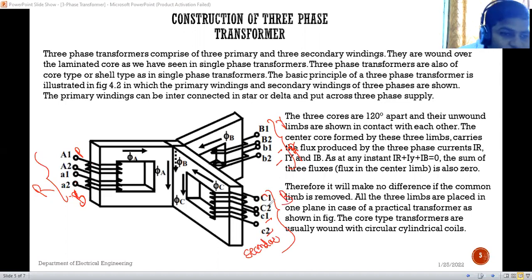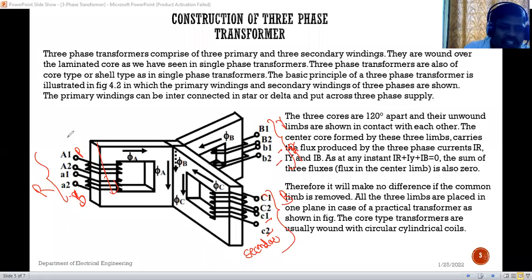Right now, see the winding, both the primary winding and the secondary winding can be wound on the same limb. एकाच लिंब वरती wound केलेत. Primary is wound on this one limb and the secondary is also wound on this limb.